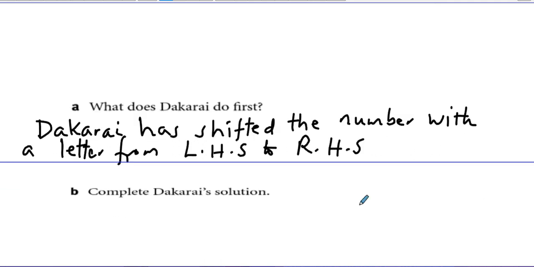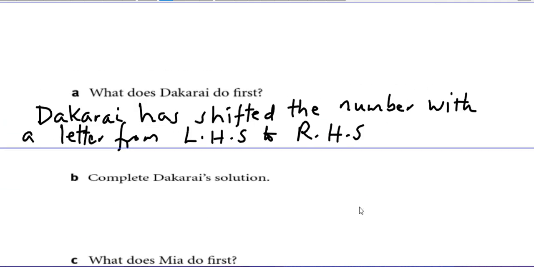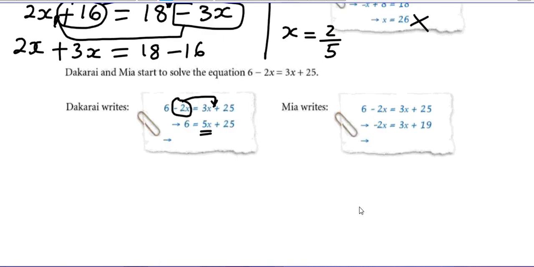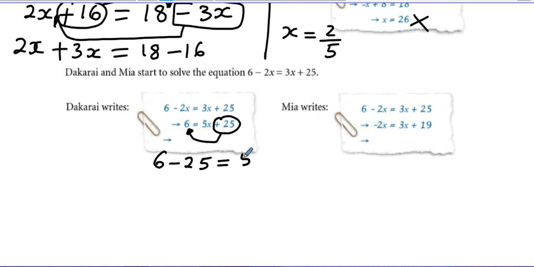Now complete Dakarai's solution, that is B. Let's try to complete Dakarai's method. So negative 2x was taken there when it formed 5x. So this is the time for positive 25 to come here on the left hand side. So this will be 6 minus 25 equals 5x.